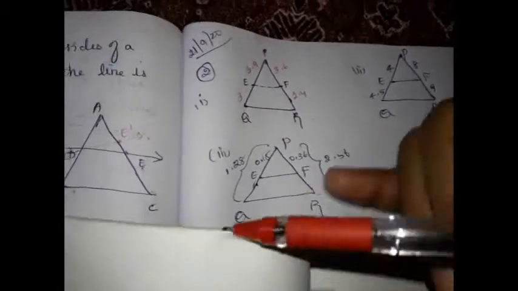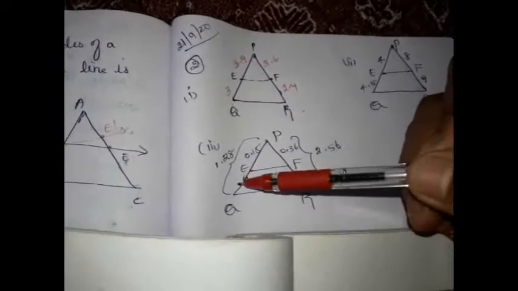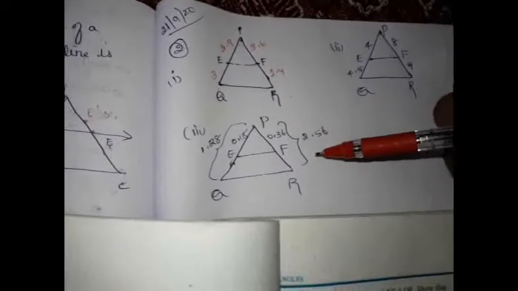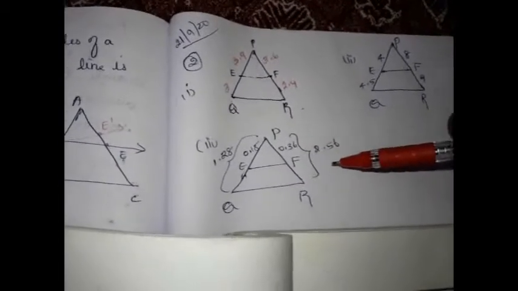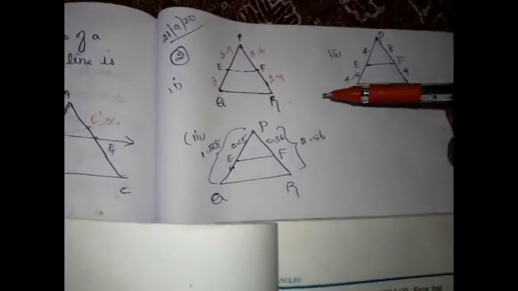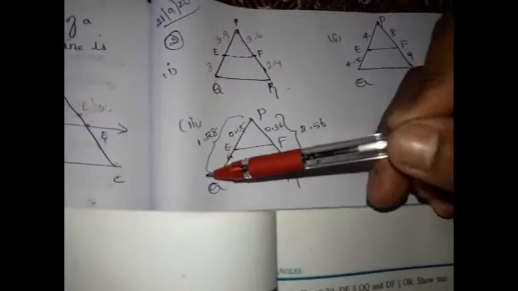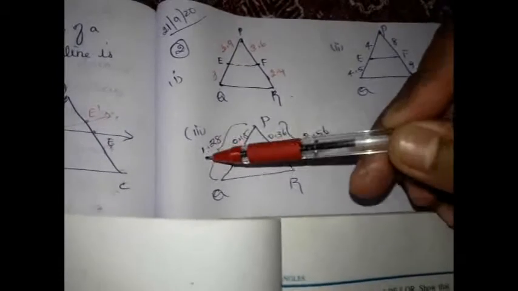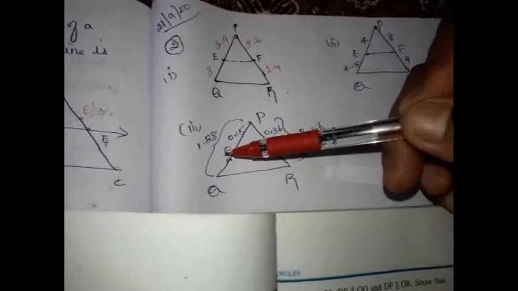But if you go to the third subdivision, instead of giving the parts directly, they have given you the total distance PQ and PR. For this you can use the result I just explained, or else from the full length of PQ, if you subtract PE, you will very well come to know what is EQ. Right, so 1.28, if you subtract 0.15, you will come to know what this is.